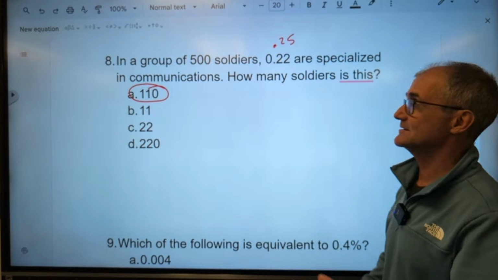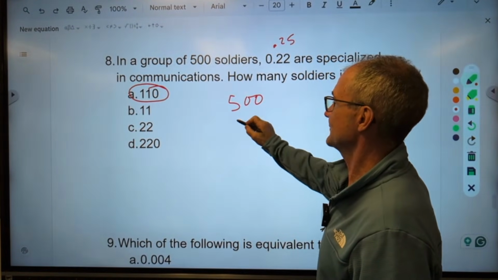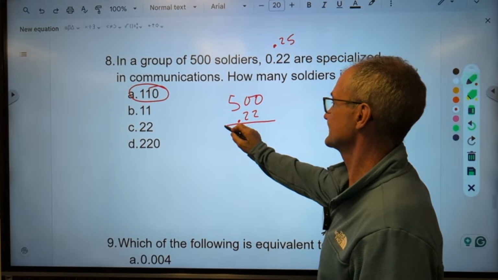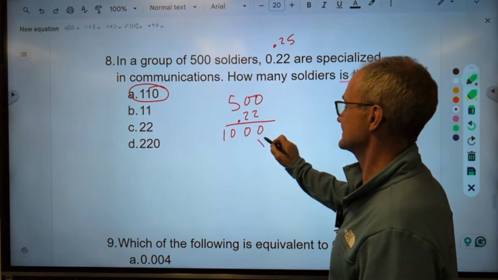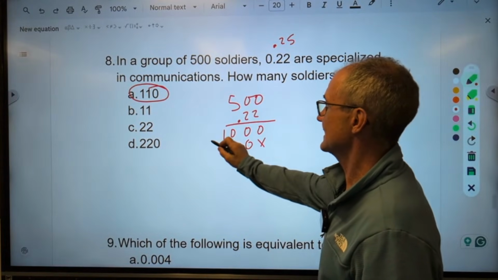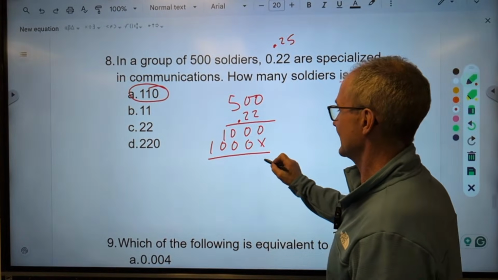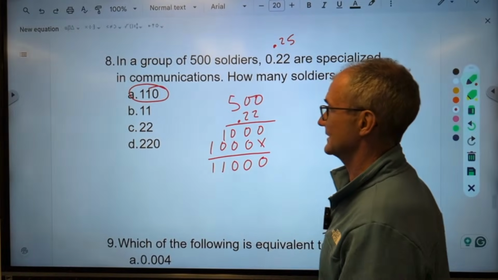The other way to do it is multiply that whole thing out. 500 times 0.22: 0, 0, 10, placeholder, 0, 0, 10. I add straight down, get these zeros right there.